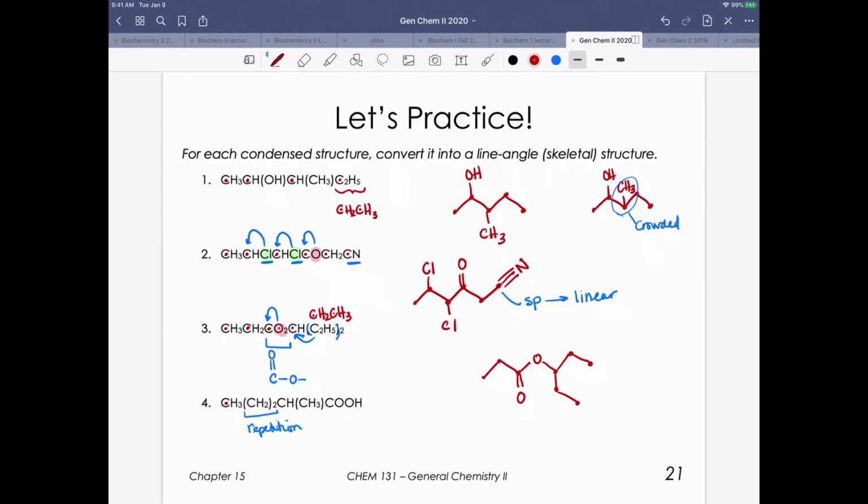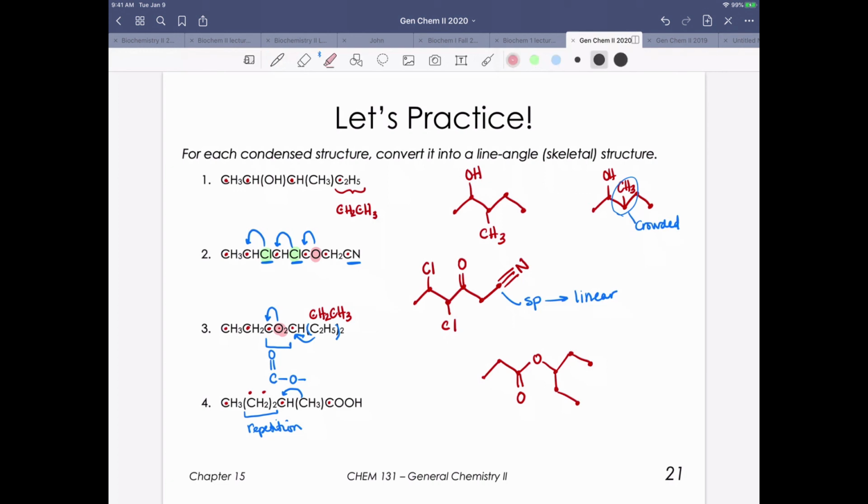And so we need to recognize that we're going to have 2 of those in a row. So I'm going to have 1 here, then I'm going to have 2, 3. Those are 2 carbons together. 1, 2, 3, 4. This guy actually belongs as a dangle to that guy, so he's not part of my main chain. And then 5. Okay, so I'm going to have 1, 2, 3, 4, 5 carbons.